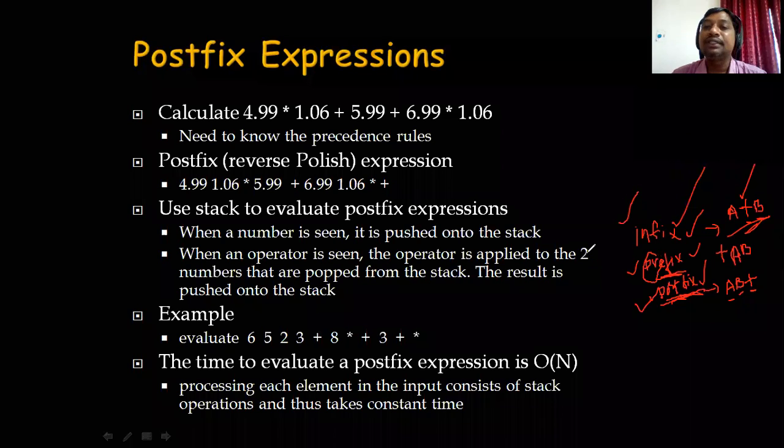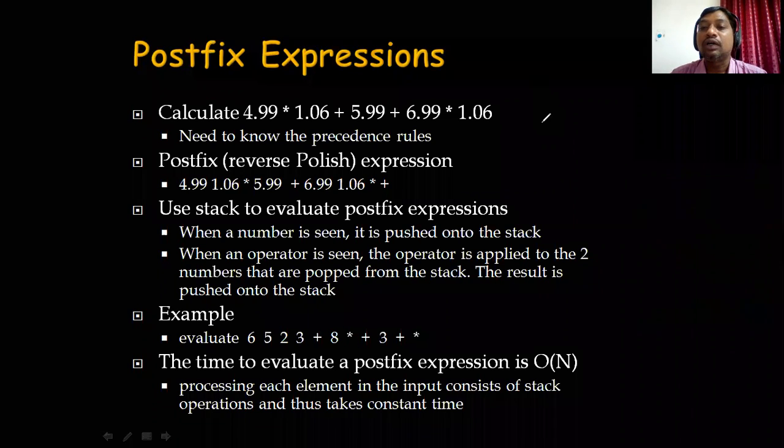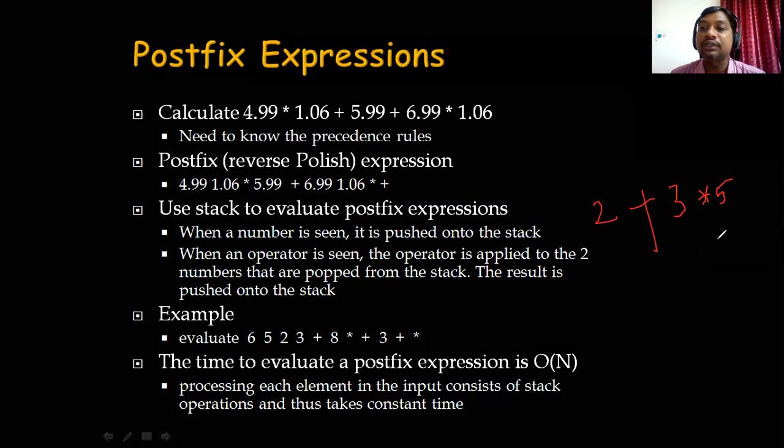Let us consider a small infix expression: 2 plus 3 into 5. As you can see, this is written in infix format.